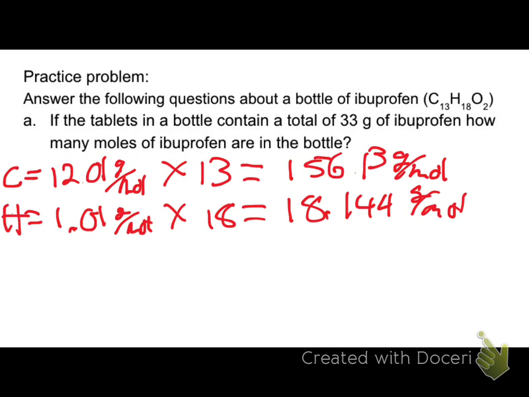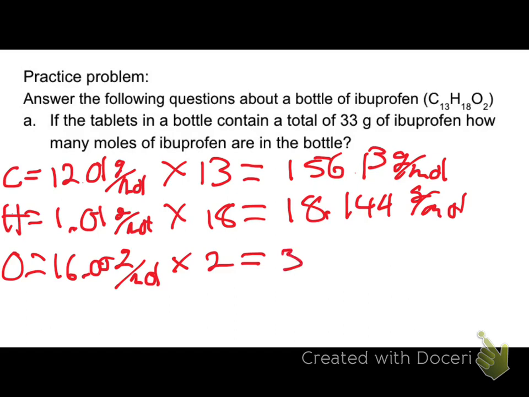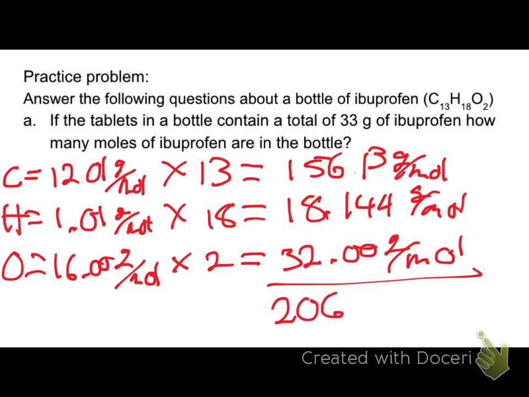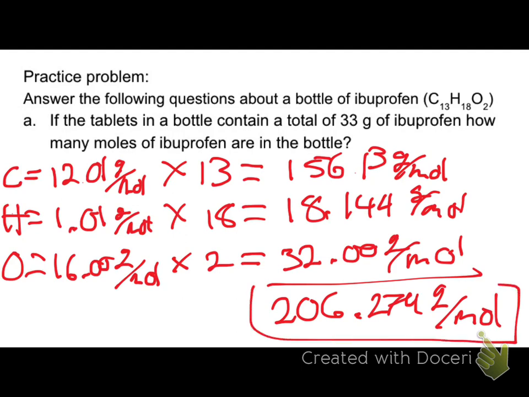And then oxygen has a molar mass of 16 grams per mole, and times 2, we get 32 grams per mole. Am I doing my math right there? And then we will sum all of this, and it comes out to like 206 point something, right? 206.274 grams per mole. So this is our molar mass. It doesn't answer the question yet, but it gets us partway there.